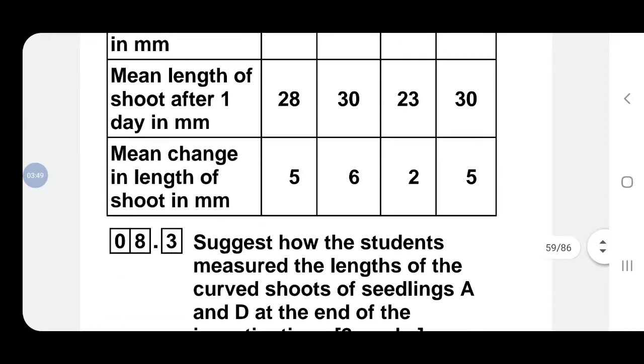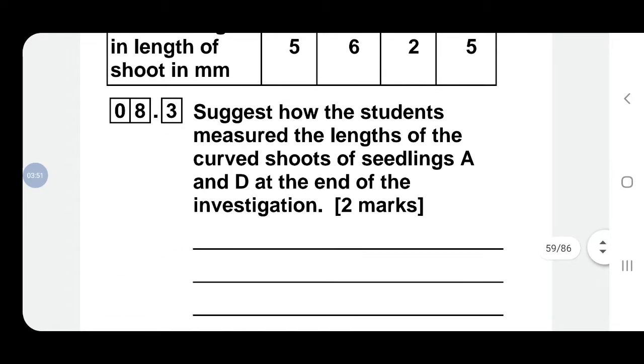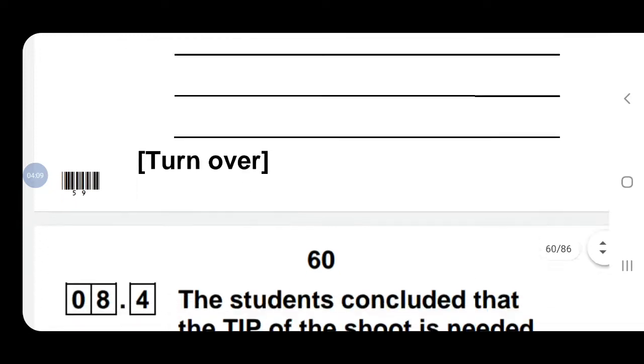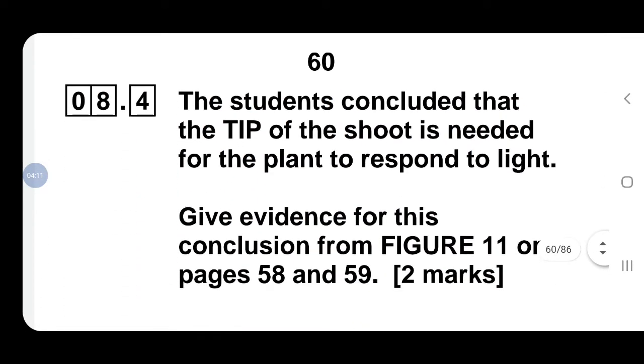You see that. So let's see the question. Suggest how the students measured the lengths of the curved shoots of seedlings A and D at the end of the investigation. Here you can use a piece of thread, or transfer to a ruler with millimetre scale.